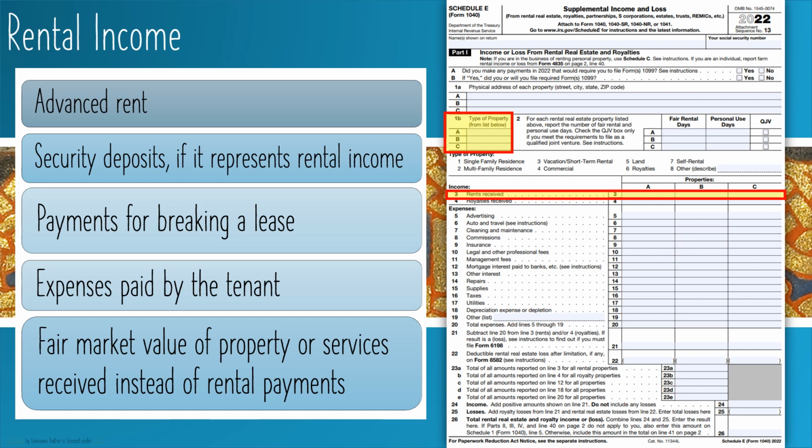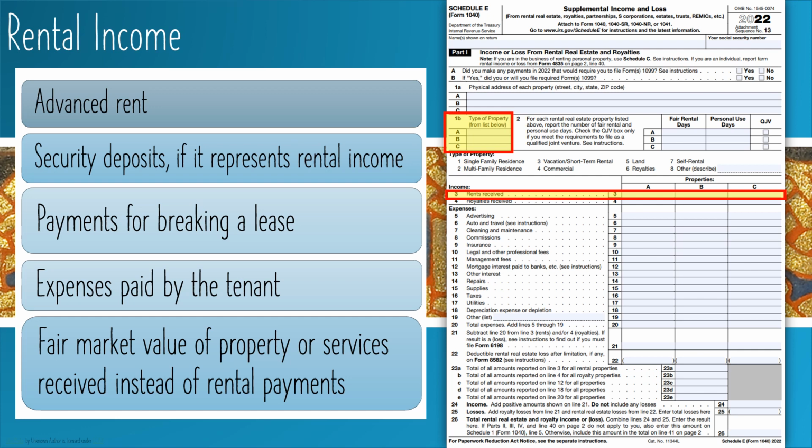However, if that amount of deposit was really for first and last month's rent, that's considered rental income, and it needs to be reported when it is received. At least for our taxpayers who are using the cash method. And when I say our taxpayers, I mean military taxpayers with a preparer who has military certification.